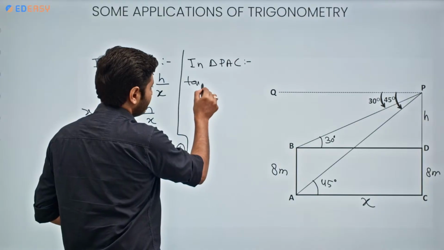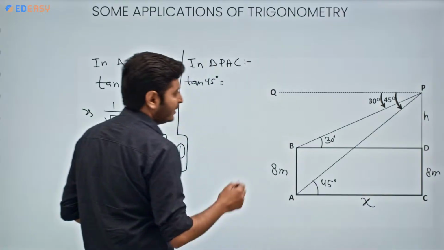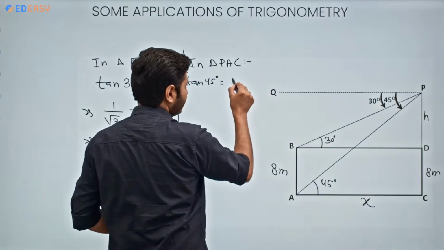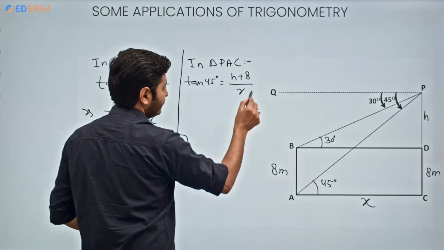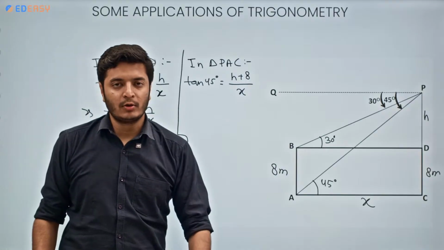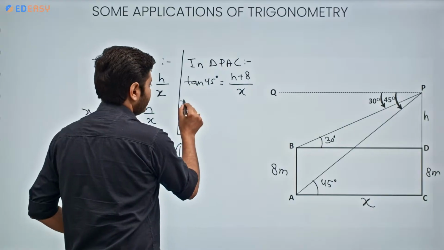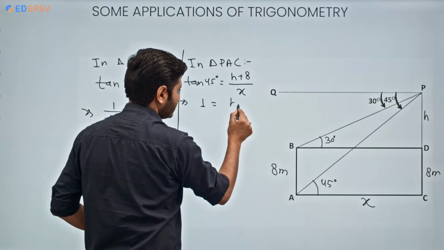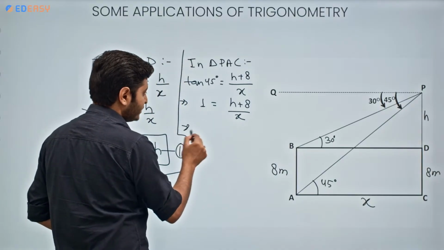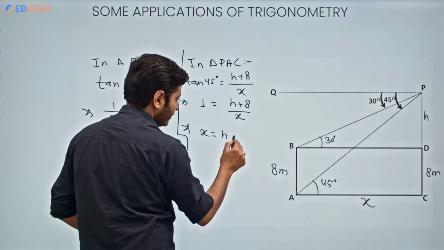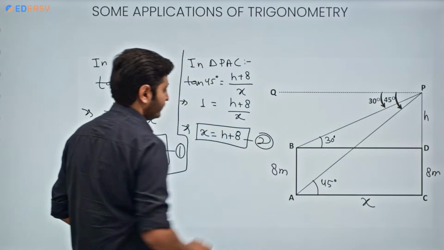So tan 45 is equal to PC, that is H plus 8 meters total height, divided by AC, that is X. The value of tan 45 degrees is what? 1. Not sure? You can look at the table, that is 1. So 1 is equal to H plus 8 by X. Transpose this to the left side. So the value of X is H plus 8. This is equation number 2.